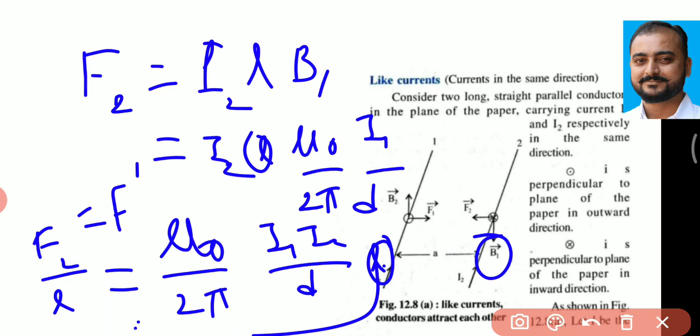Understood? So in this manner we found the value of magnitude as well as direction of force experienced by the conductor due to the magnetic field B1 and current I2.